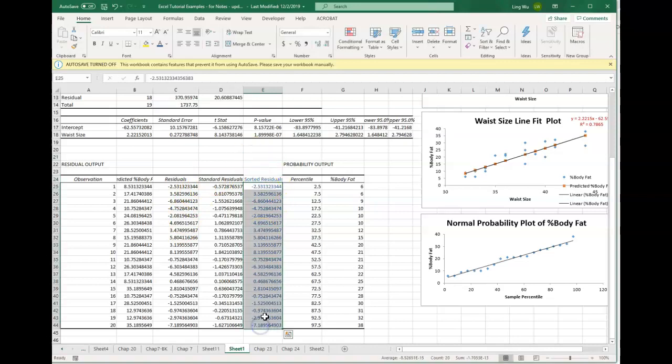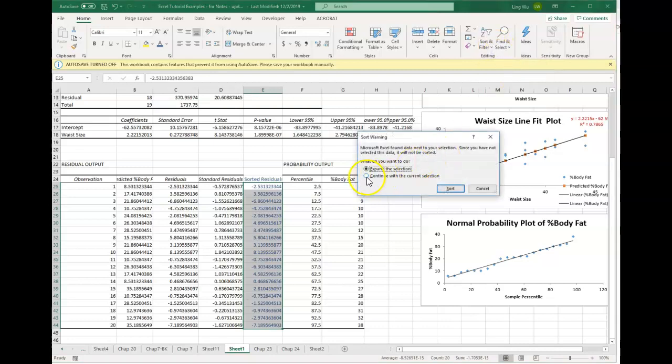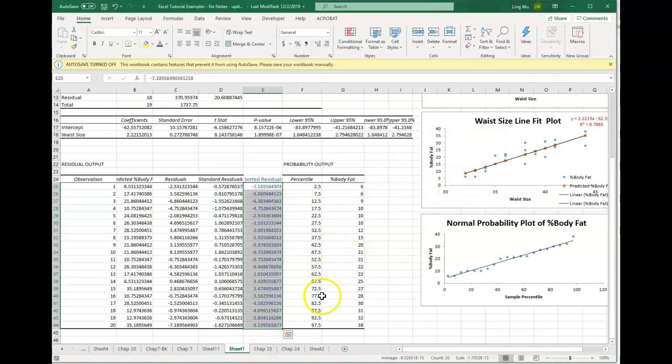So remember how to sort this one. At Home we have Sort, so we sort from smallest to largest, and continue with the current selection. This sorts those residual values. We copied the values here so we can sort them without affecting the original residual output. This column is associated with equations, so we cannot sort it, but we can sort these columns.